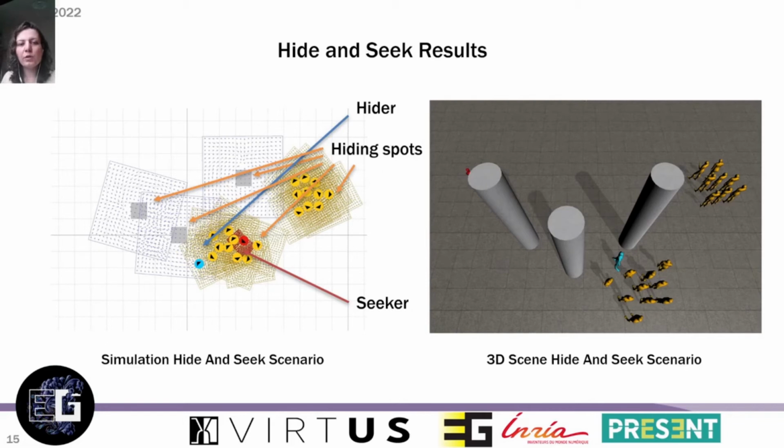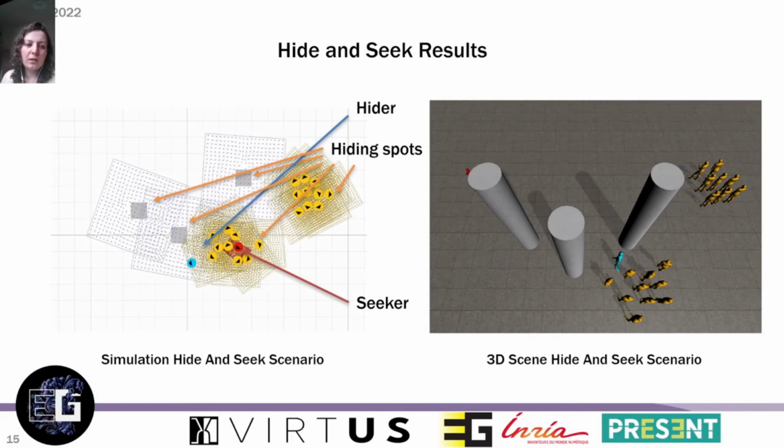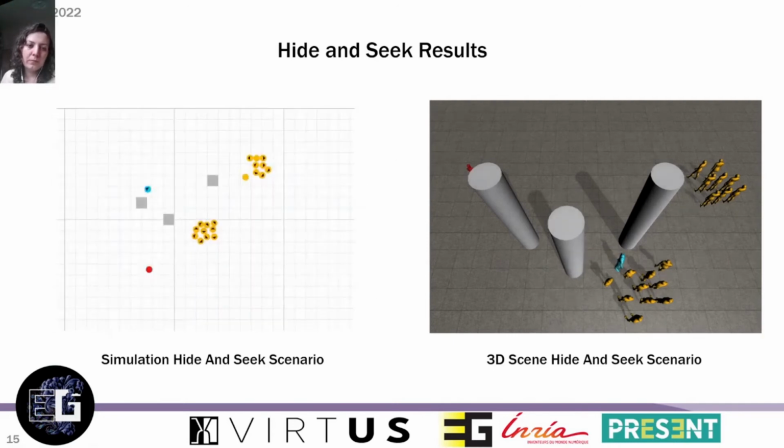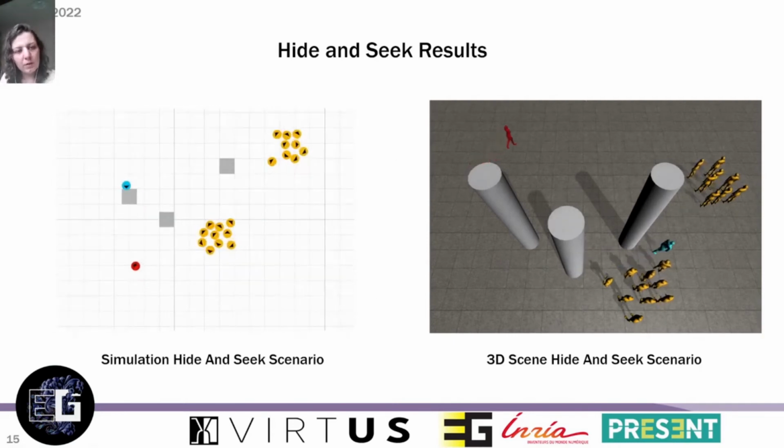The field we just previously sketched was applied to all obstacles in gray and all agents in yellow. You still have a seeker that is in red and a hider in blue. And so you see now that the hider has way more spots to hide. It can hide behind all yellow agents and the whole gray obstacle.